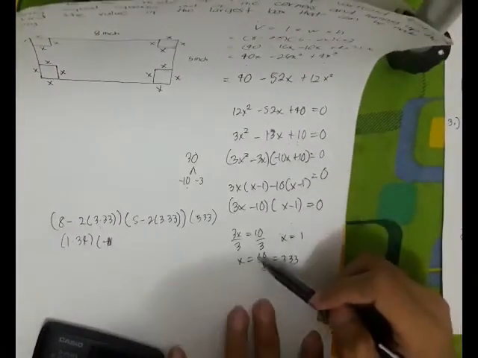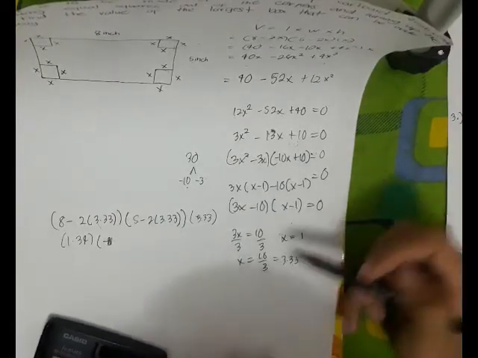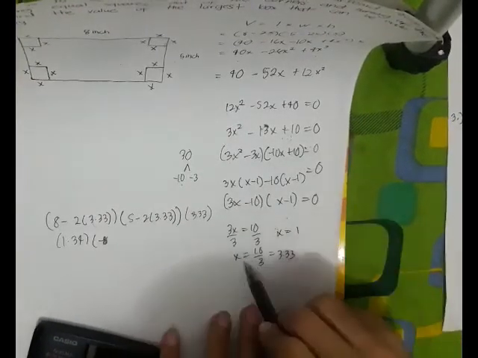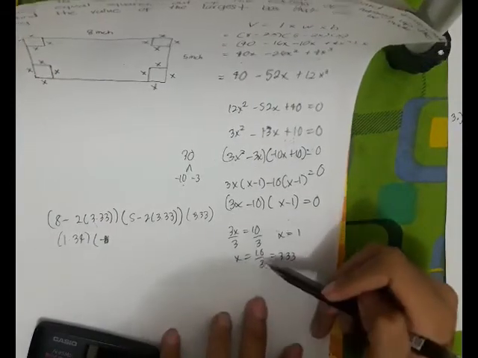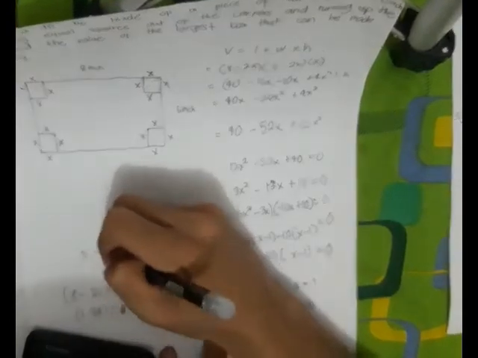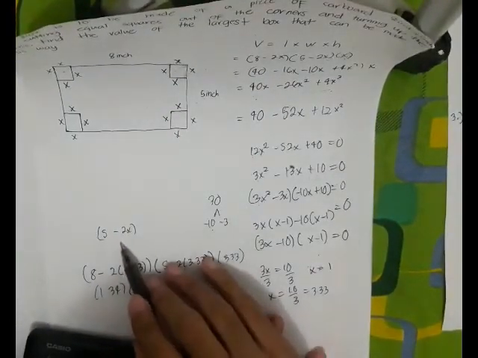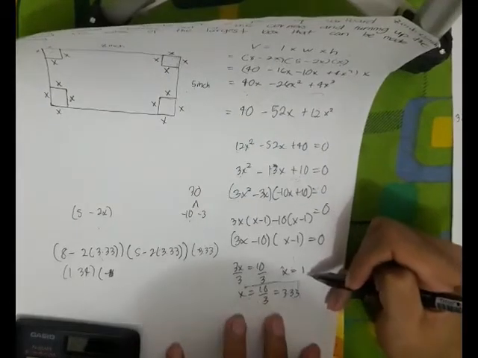Now we identify which of these two is the value of x. We cannot use 10 over 3, because if we substitute it in 5 minus 2x, the answer will be negative. So the value of x will be 1.